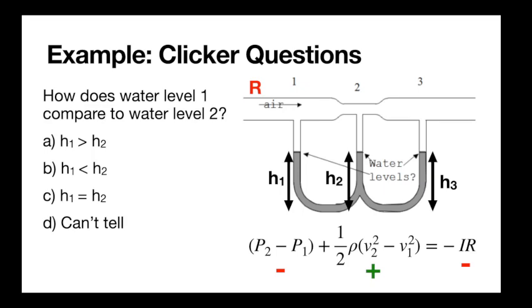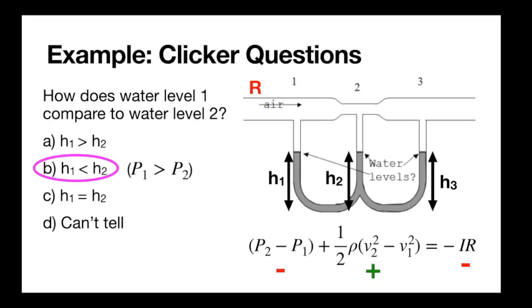In order for this side to be equal to a negative number as well, the only way for this to work out is if the pressure change is negative. Another way to think about it is, I have delta P here, negative on that side, so I'll take my positive number, move it over here, which makes it negative, so my pressure change is a negative minus something else, right? So my pressure change is negative.